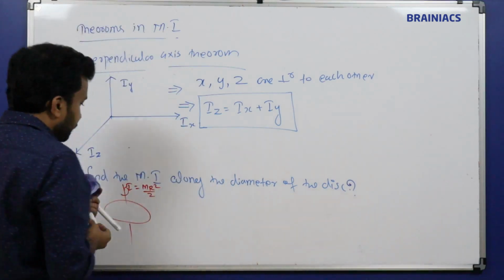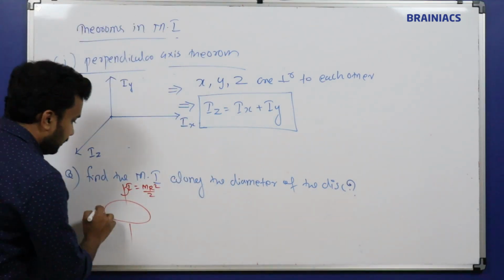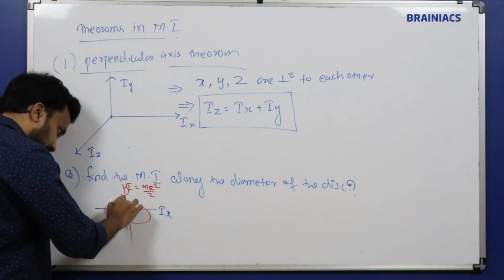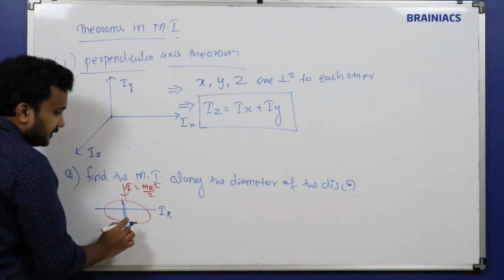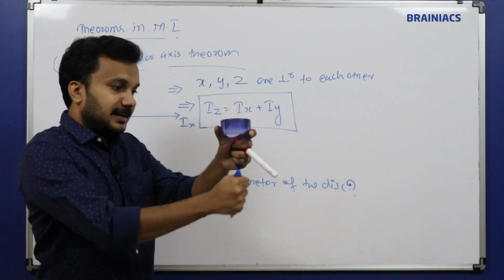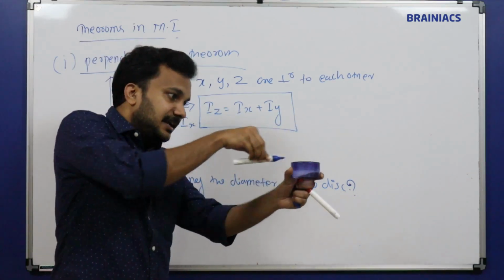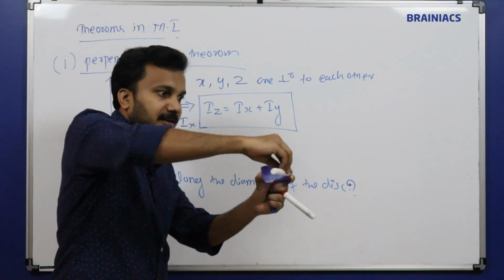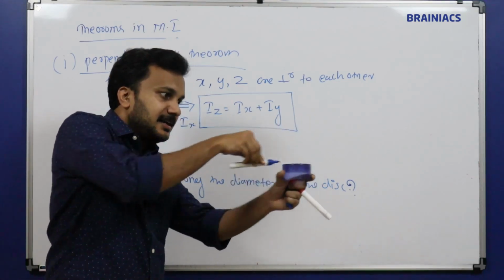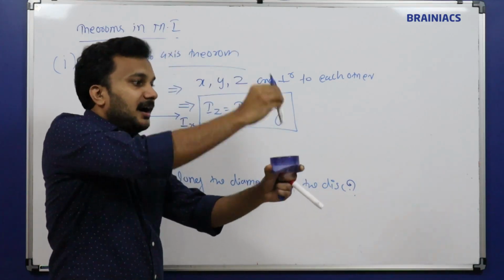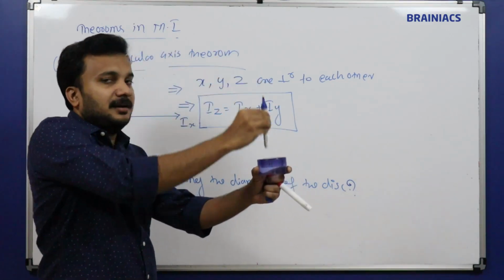Let me call one diameter axis Ix and the other Iy, and Iz is the one passing through the center. Ix is I diameter, Iy is I diameter, and Iz passes like this.